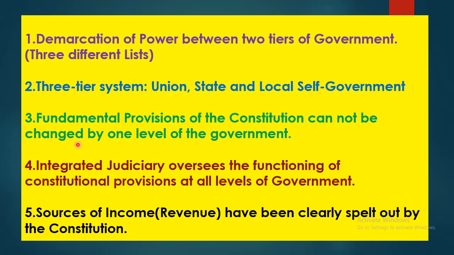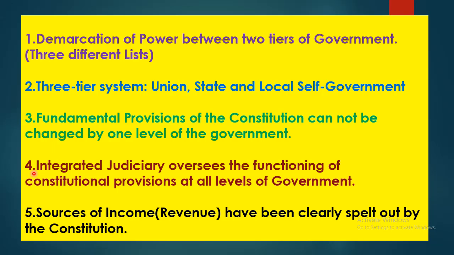The legislature of the union government cannot alone make changes to the fundamental principles, fundamental provisions, or fundamental rights or duties mentioned in our Constitution. So both levels of government will have to agree for any changes.